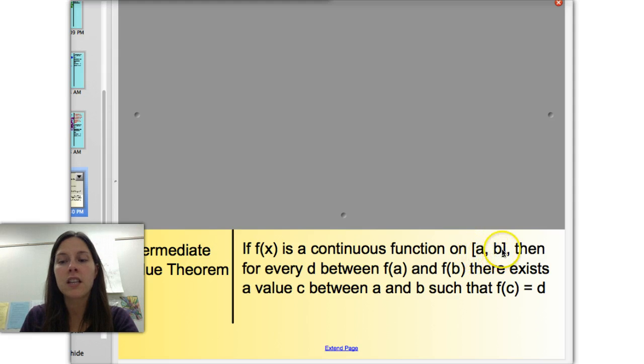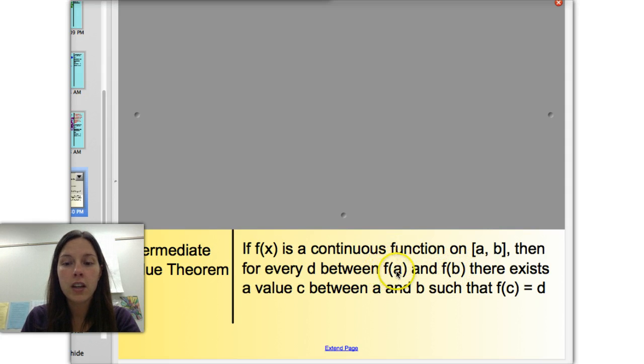What this is saying is that the x values are going from a to b. So for example, if your function is continuous, you don't have to pick up your pencil to graph the function between 2 and 3, for example. Then, for every y value, this d right here is representing any number that's a y value between the function evaluated at a, so we're pretending that's 2, and the function evaluated at b, which is 3.